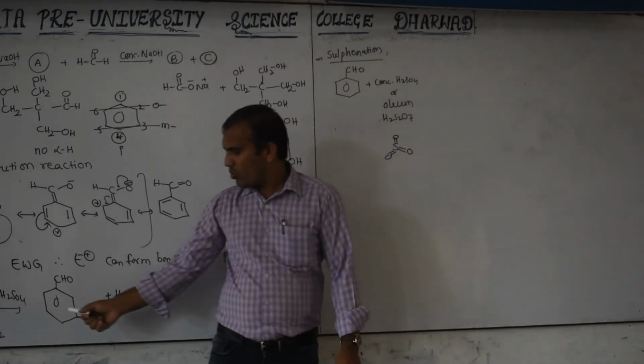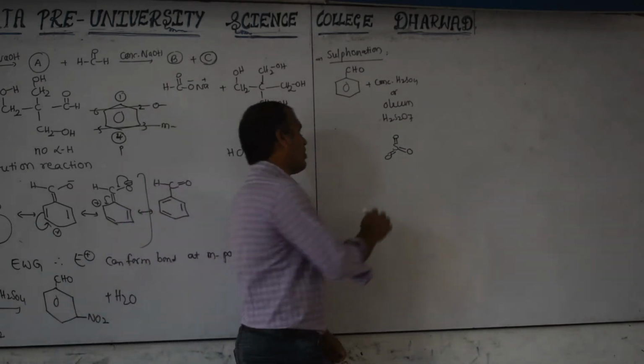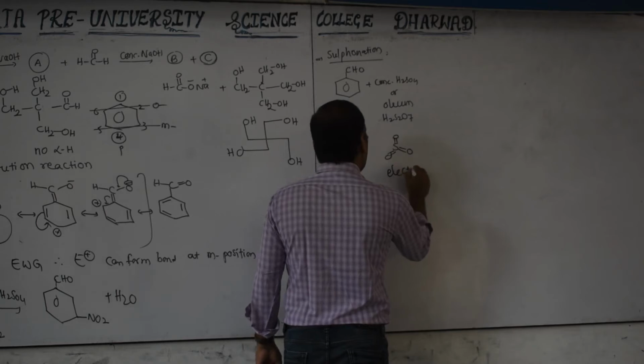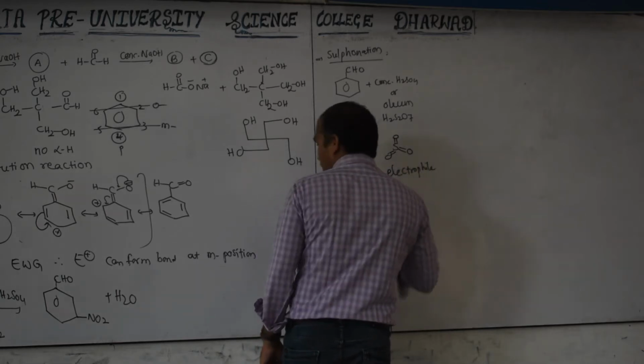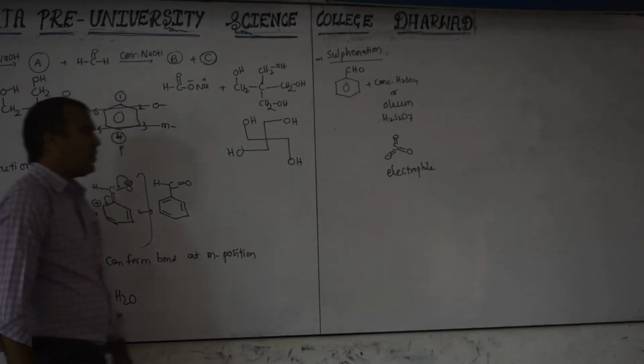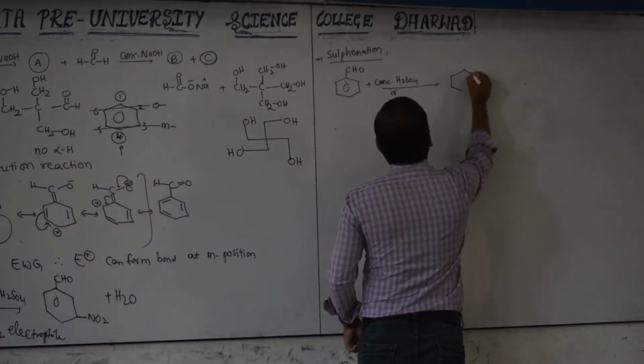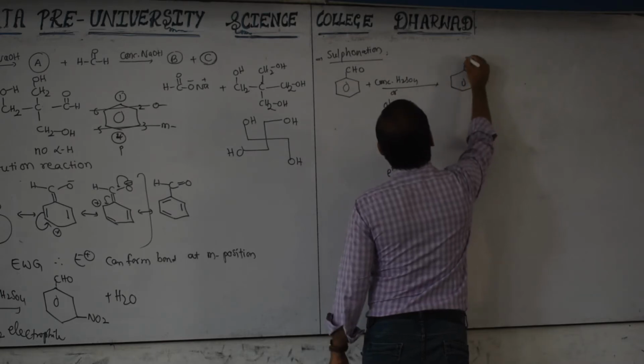Like NO2 plus, which I told you is the intermediate, that is the electrophile. Here also this is the electrophile, because our heading was electrophilic substitution reaction. So this electrophile bonds at which position?